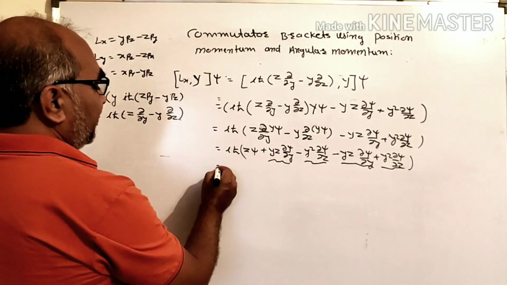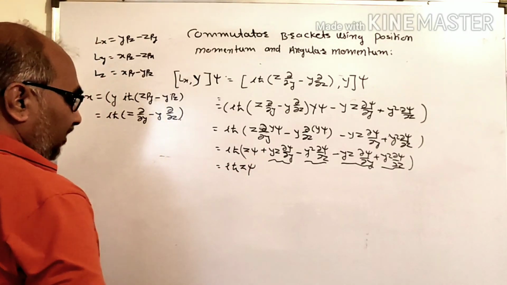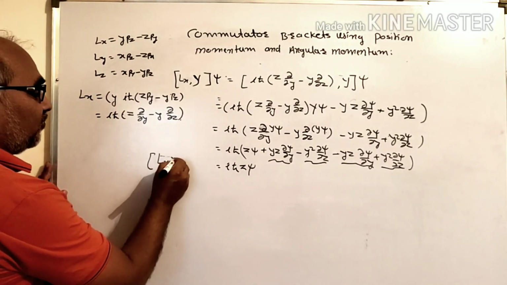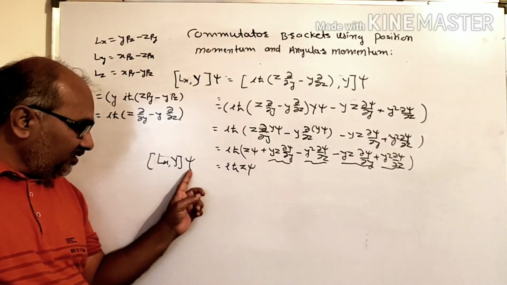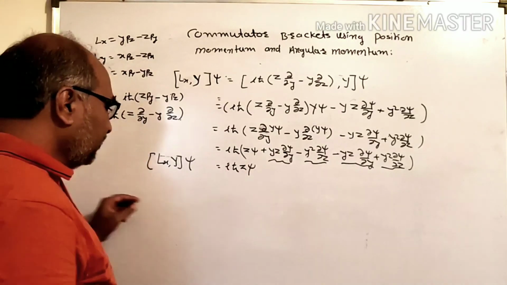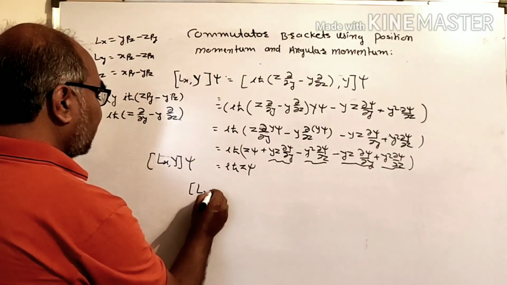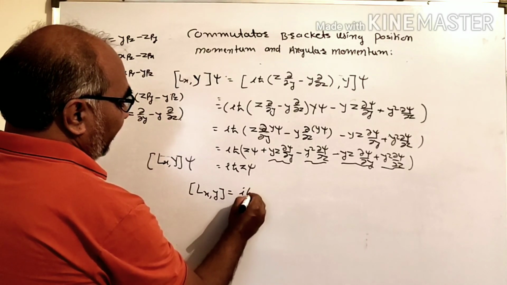What remains is i h cross z psi. Therefore the commutator of Lx with y is equal to i h cross z.